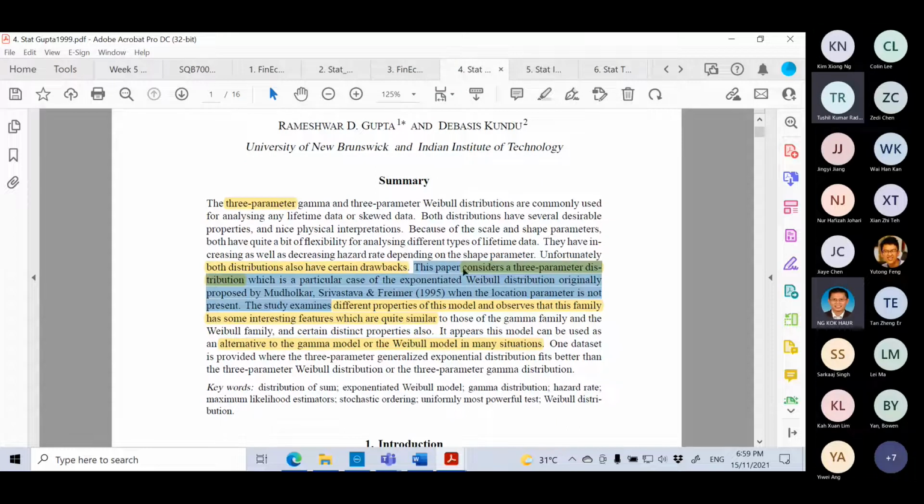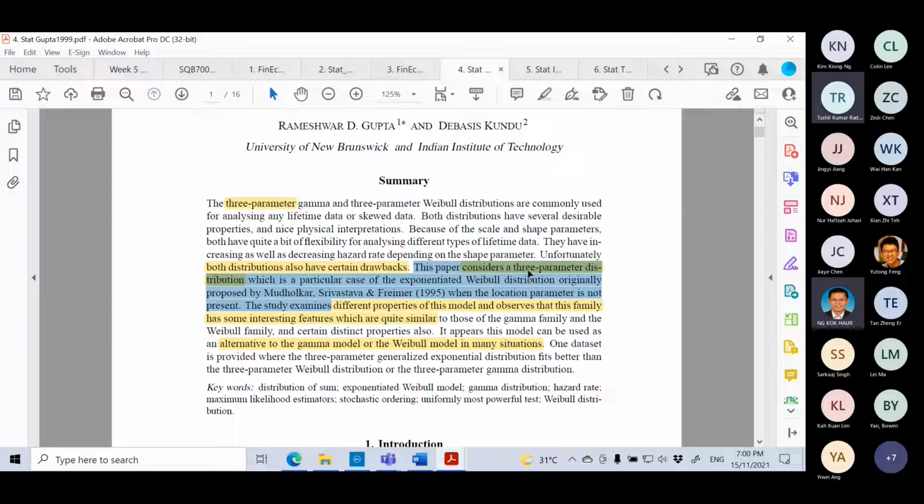Okay, and then they propose the 3-parameter distribution here. Once they propose the distribution, because you propose a new distribution, of course you need to derive the properties of this particular distribution. In statistics, you need to derive what I mentioned as properties. For example, if you want to come out with the normal distribution, you need to know what the mean is, what the variance is, and how to estimate the parameters.